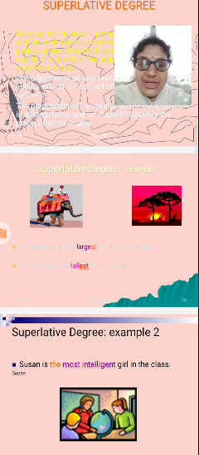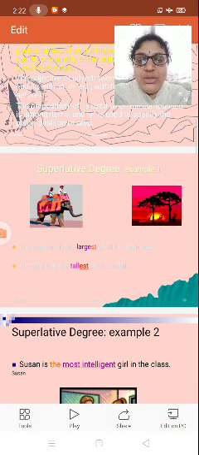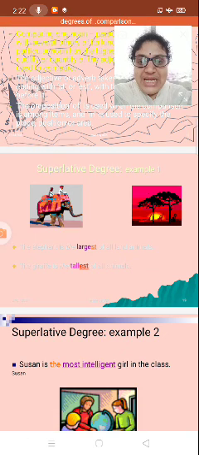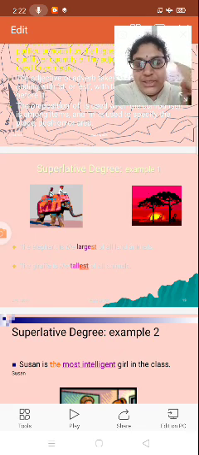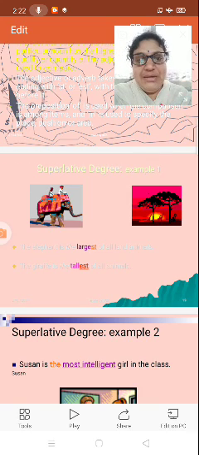So here the second one I have shown in the pictures, the giraffe you are seeing. The giraffe is the tallest of all the animals. So here also you are comparing with all the animals.